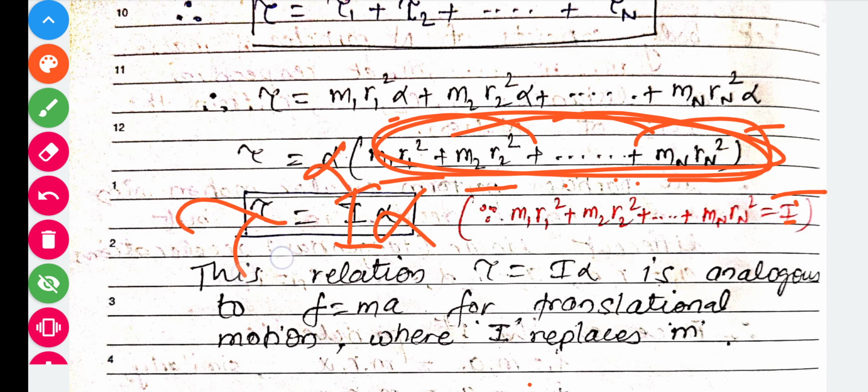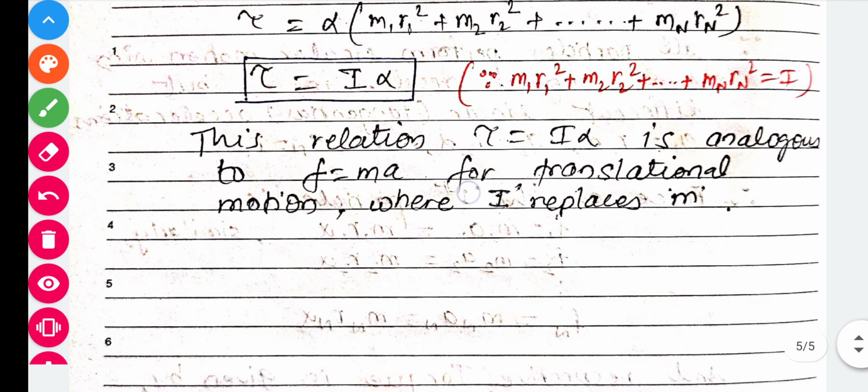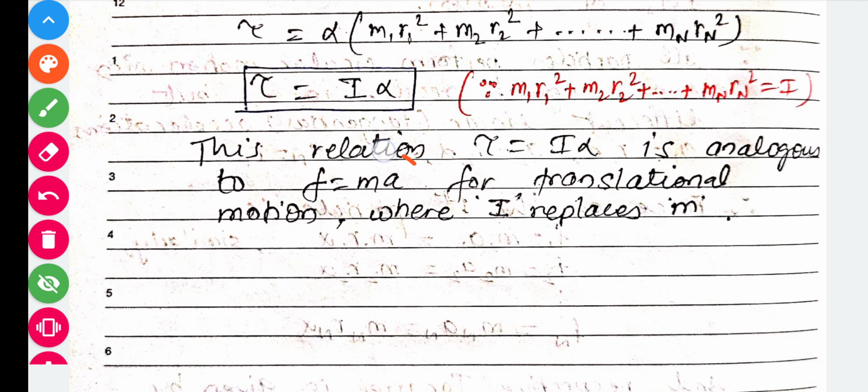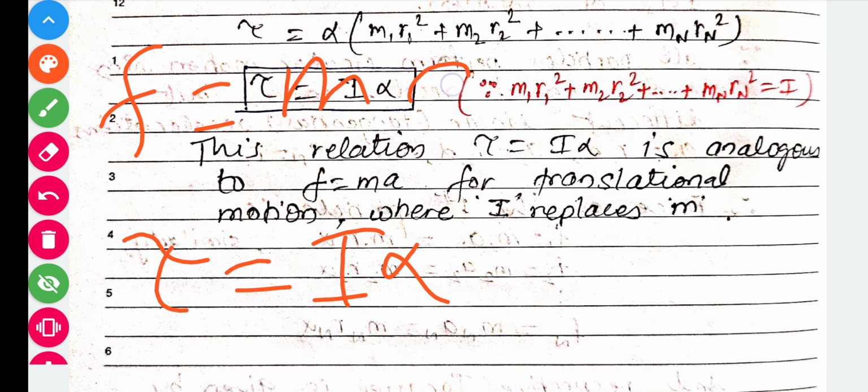So torque is equal to I into alpha, which is very much comparable to force in translational motion, that is linear motion. In rotational motion we have torque equal to moment of inertia into alpha. In linear motion we have force equal to mass into acceleration. Linear acceleration and angular acceleration are interrelated.